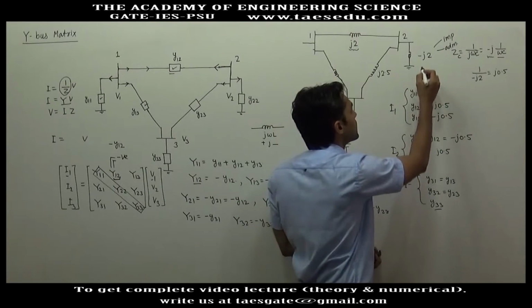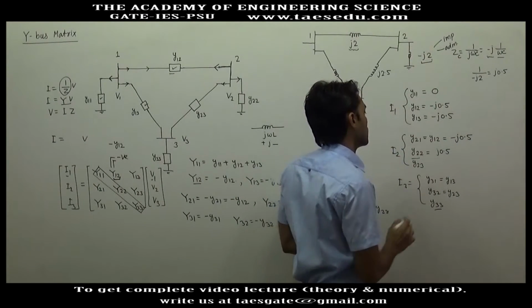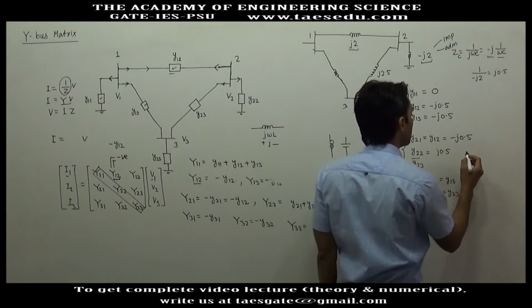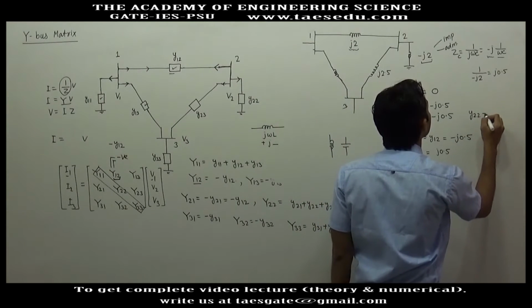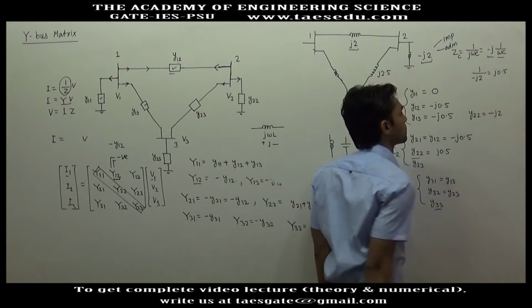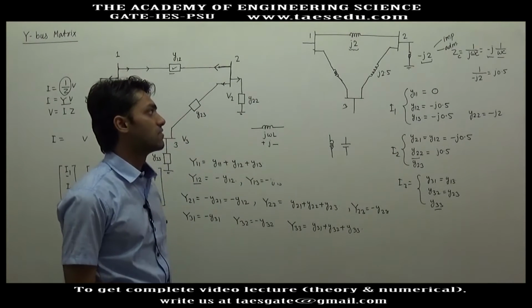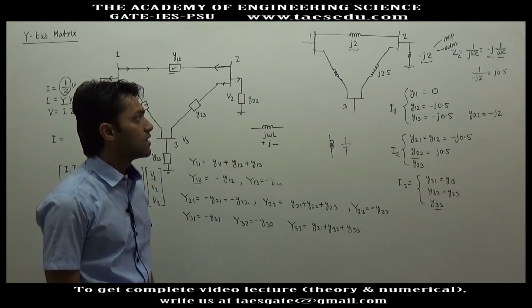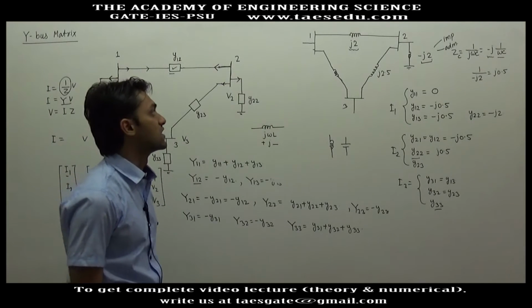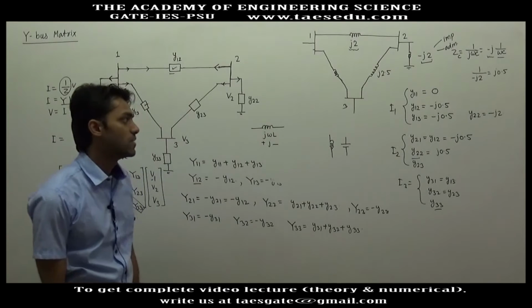It cannot be impedance, so this will be admittance only. So y22 would be minus j2 only. You don't need to take the inverse, because the inductor is given in the form of minus j, so this has to be admittance only.